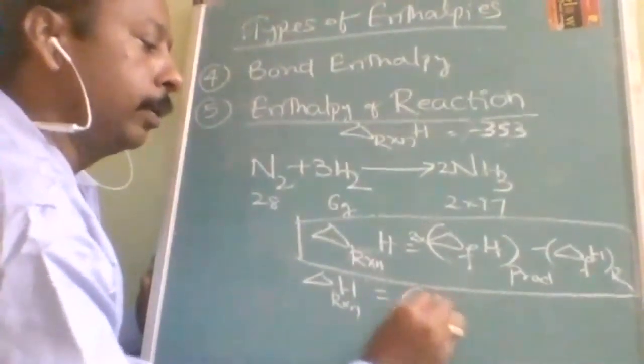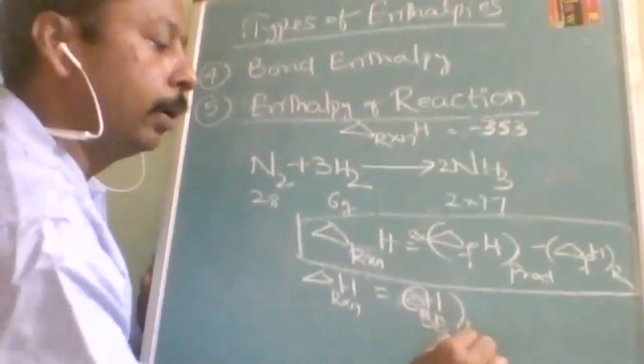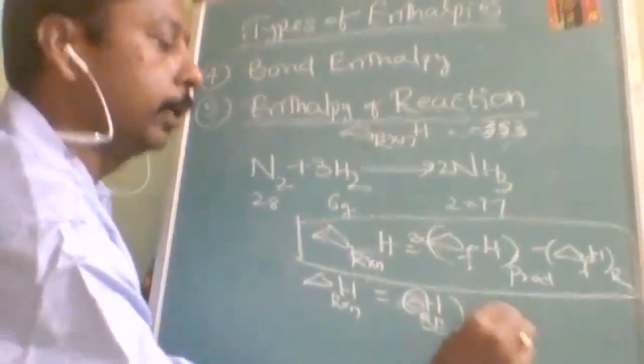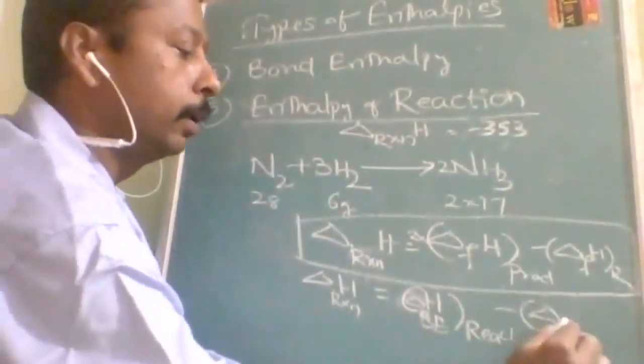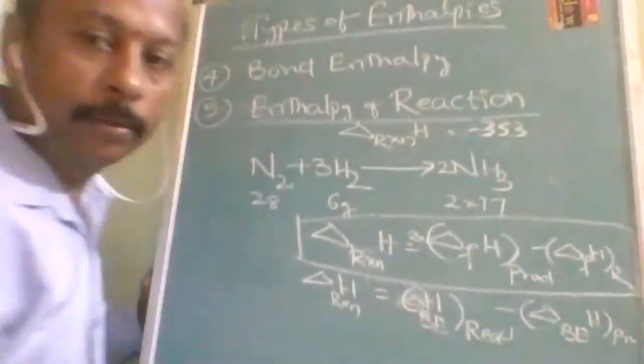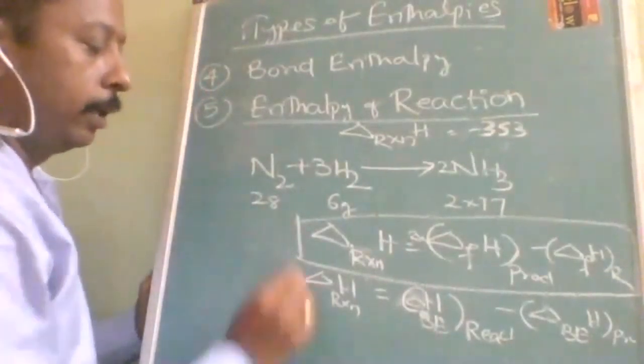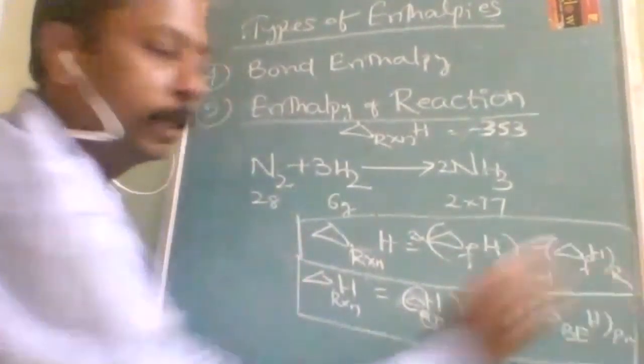Bond enthalpy delta BE of reactant minus bond enthalpy of product. Is it understood, students?